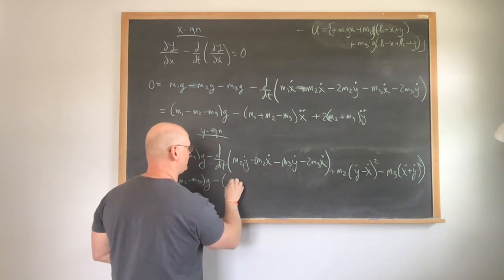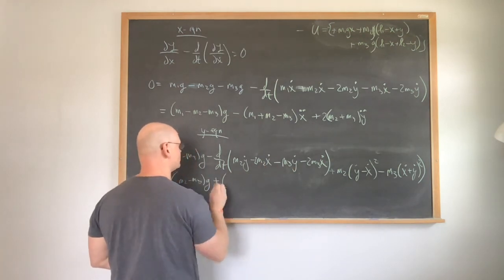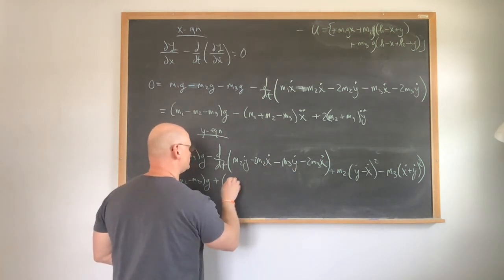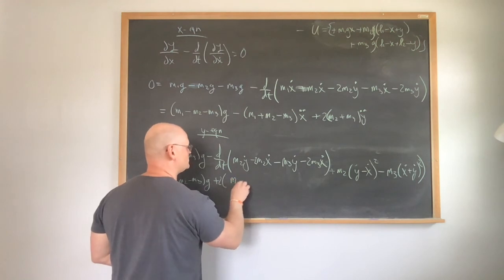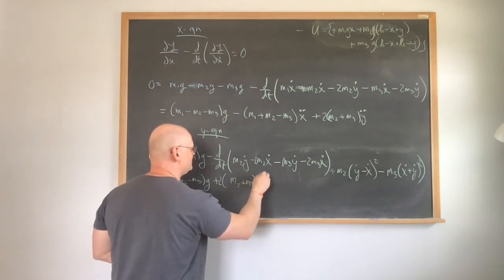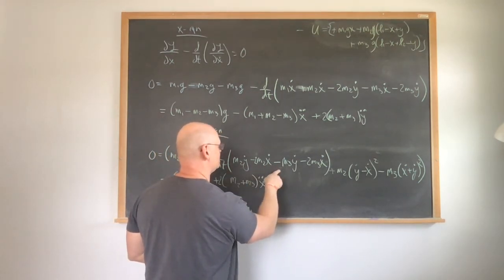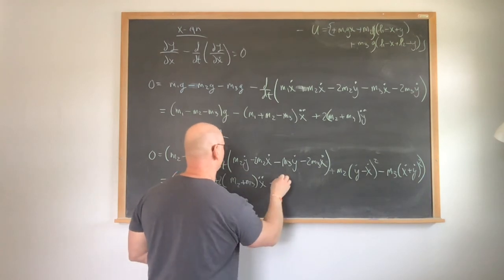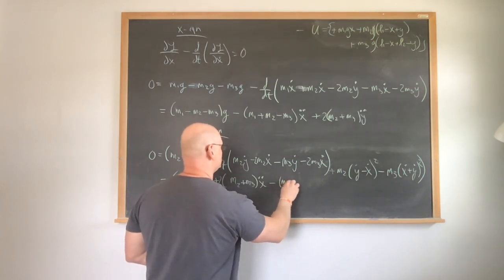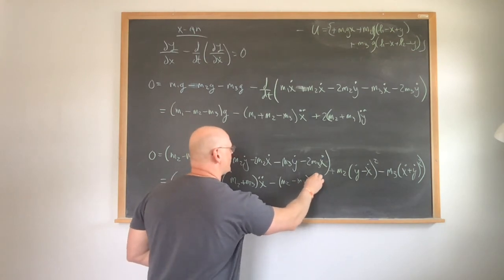This one I have a negative, it's also a negative, so this actually becomes a plus. I'm going to get 2 times (m2 plus m3), all times the acceleration of the first mass, minus from here, m2 minus m3, all times y double dot.